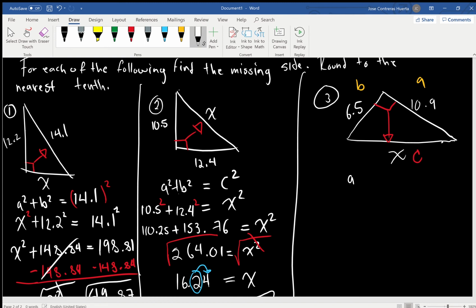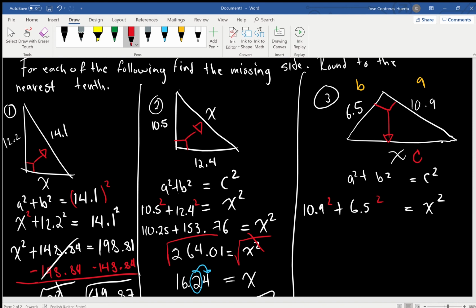So my formula is a squared plus b squared is equal to c squared. Now I know that my x is my c, so it's going to be x squared. And then a is 10.9, so 10.9 squared, plus my b, which is 6.5. And remember, it has a square here. And we go ahead and put this in the calculator.